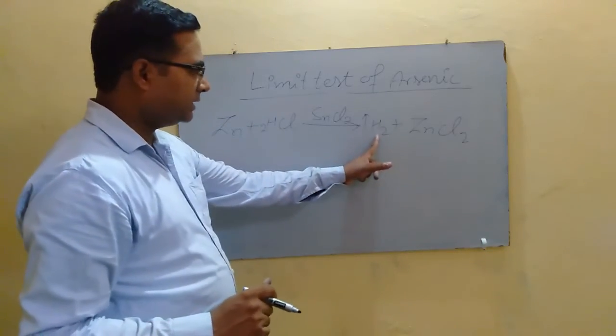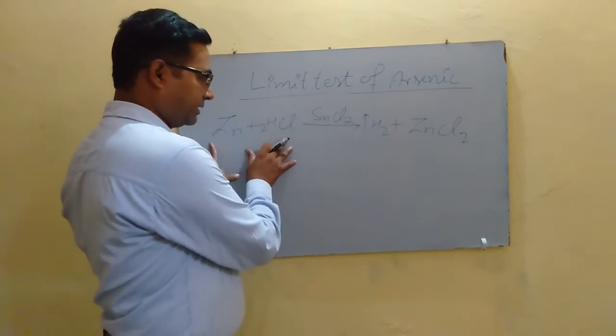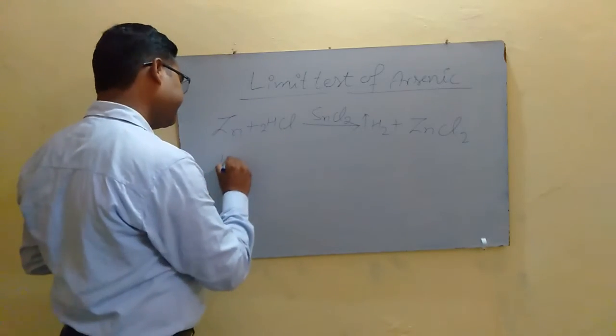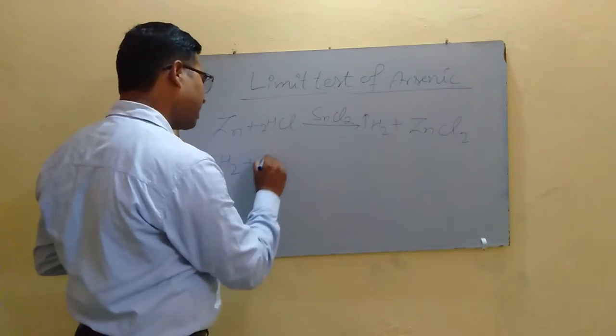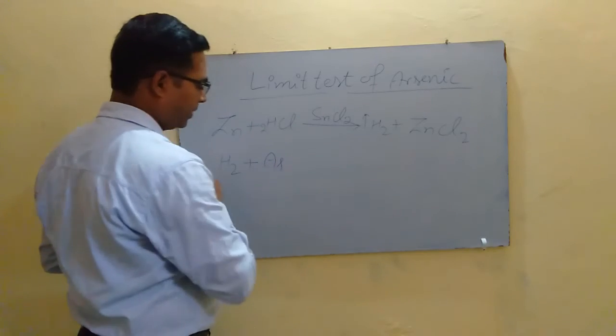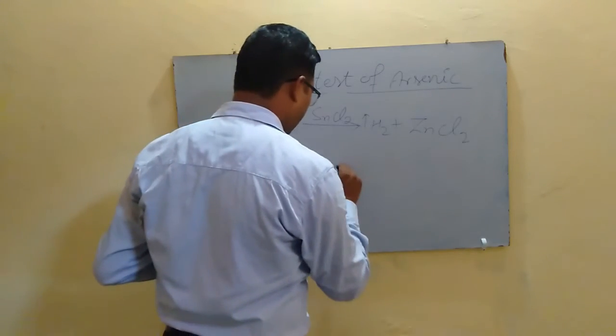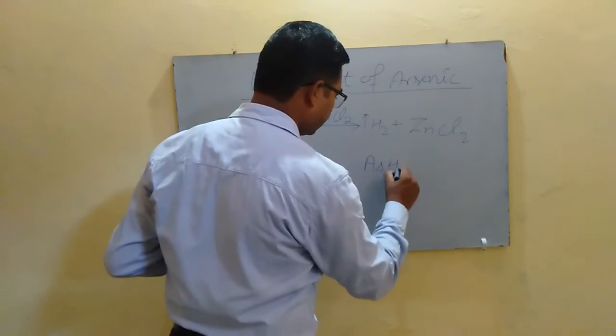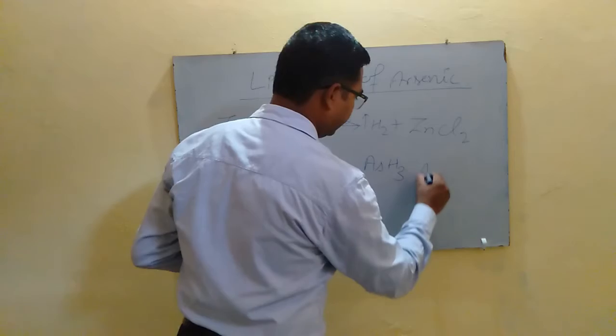This hydrogen gas reacts with arsenic in the sample and converts the arsenic into the form of AsH3, that is called arsine.